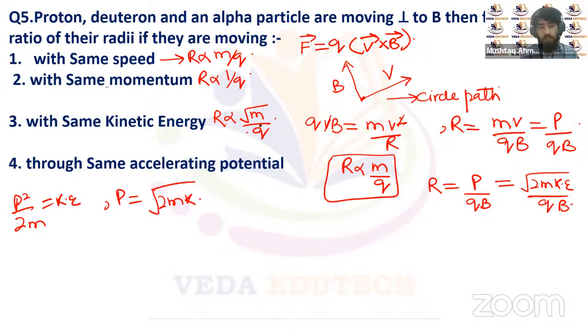The next condition is through the same accelerating potential. The kinetic energy of the particle is given as charge multiplied by the accelerating potential.